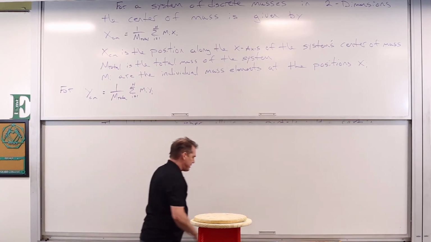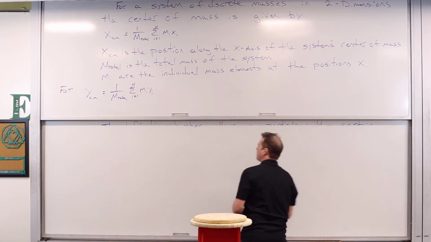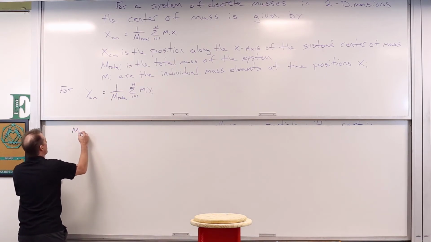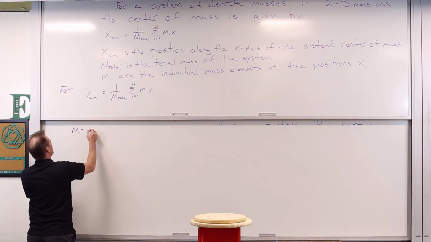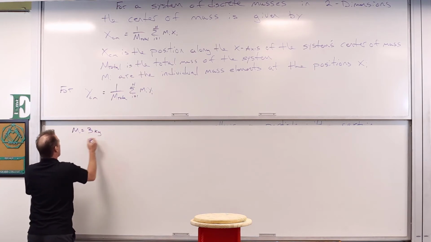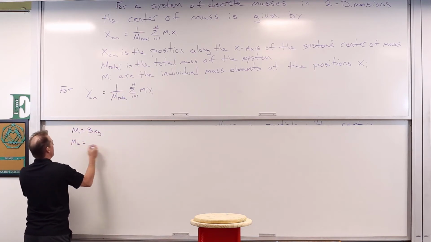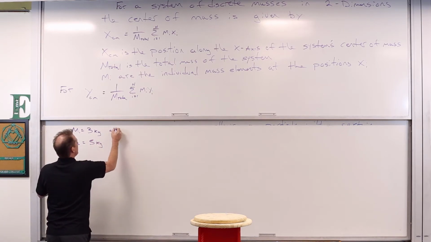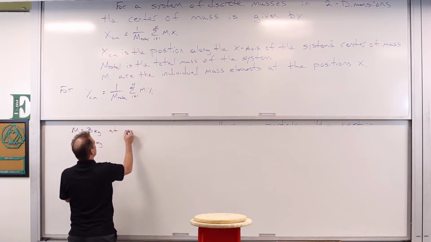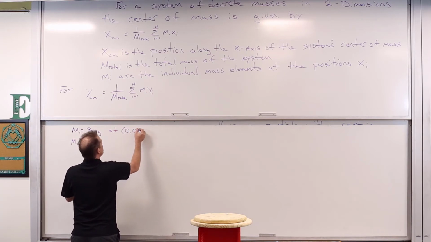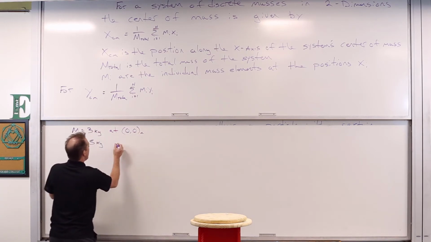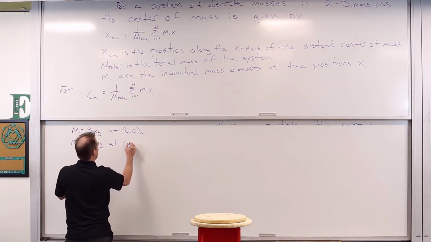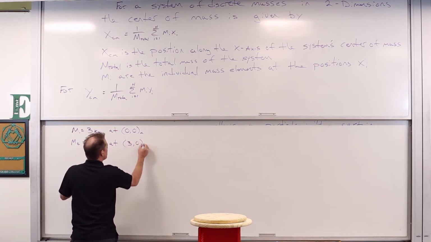Anyways, if we went ahead and just said, for instance, we've got ourselves, say some M1 is equal to 3 kilograms, and some M2 is equal to 5 kilograms. And this is at the position, we'll just say 0, 0 meters. And this is at the position of, let's say, 3, 0 meters.